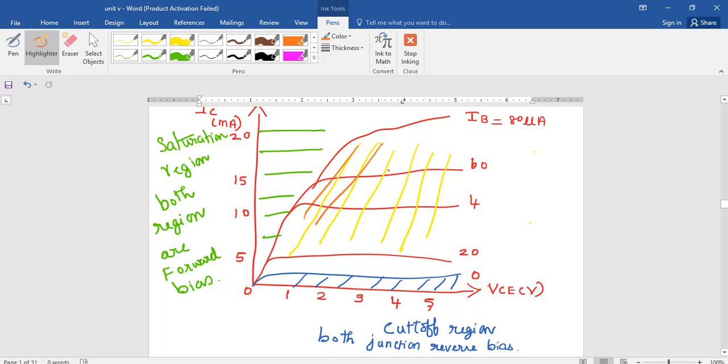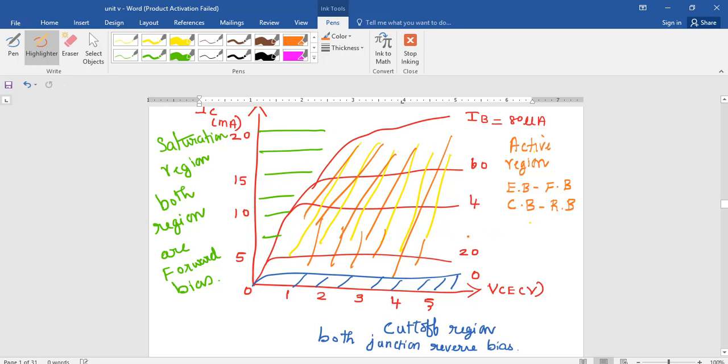This region is called active region. In active region, emitter base is forward bias and collector base is reverse bias, and you can see that VCE has no effect on your output.